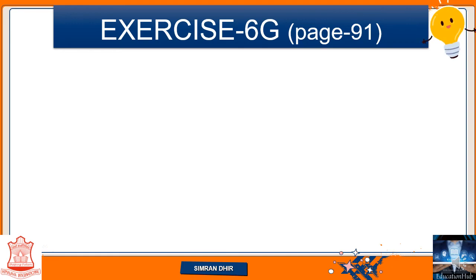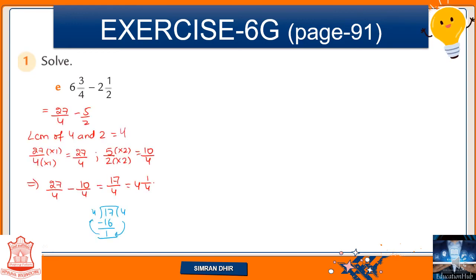So the next part is E part, that is 6 3 by 4 minus 2 1 by 2. So first we are going to convert it into improper fractions. It will be 27 by 4 minus 5 by 2. And दोनों ही हमारी unlike fractions हैं, so we are going to convert it into like fractions. So LCM of 4 and 2 will be 4.